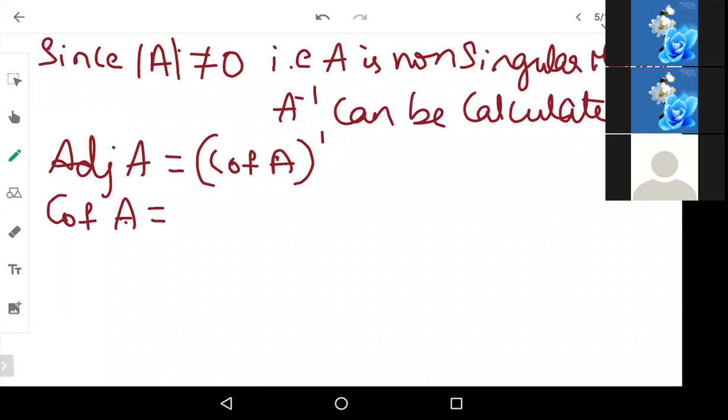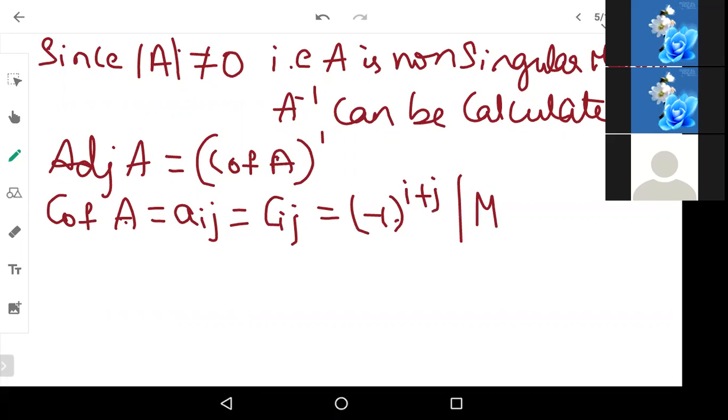Cofactor of A, that is Aij, Cij, is equal to minus 1 to the power i plus j into minor ij. Are you all able to follow? Are you getting what I'm trying to teach here? Good, very good. Now let us find cofactor of A for the matrix.